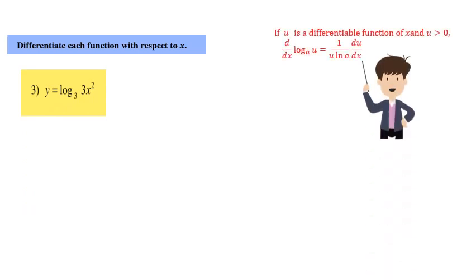Differentiate with respect to x. y is equal to log base 3 of 3x squared, and the rule is that the derivative with respect to x of log a of u is equal to 1 over u ln a multiplied by du by dx. So dy with respect to x is 1 over u, which is 3x squared, multiplied by ln of the base, multiplied by the derivative of this function, 6x.